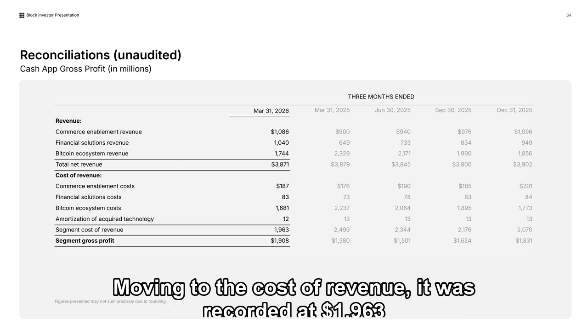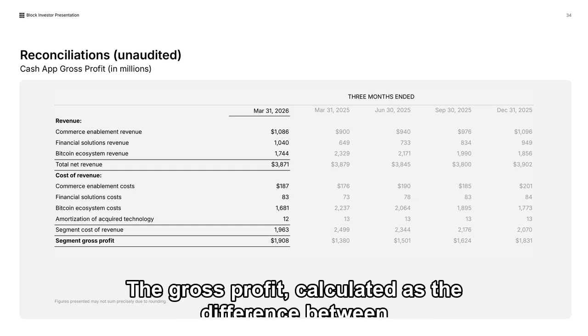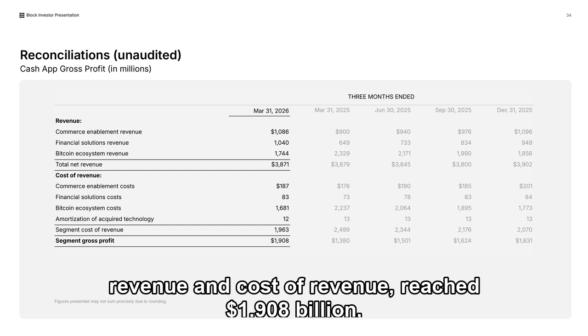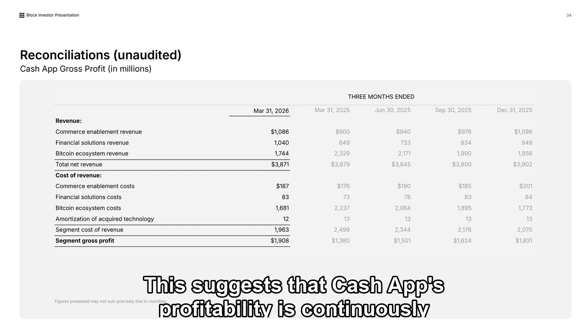Moving to the cost of revenue, it was recorded at $1.963 billion as of March 31, 2026. The gross profit, calculated as the difference between revenue and cost of revenue, reached $1.908 billion, indicating a substantial increase year-over-year. This suggests that Cash App's profitability is continuously improving.